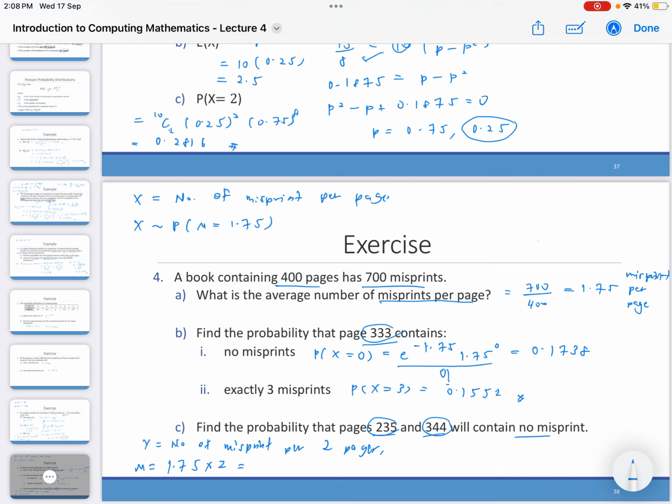The mean here will be 1.75 times 2, which is 3.5. So y is Poisson distribution with mean equals 3.5. And we want to calculate the probability of y equals 0. We use the formula, and I just give the final answer for this one. The final answer is 0.0302.